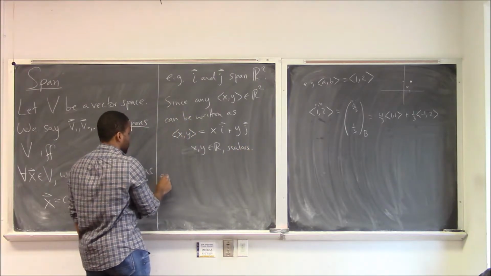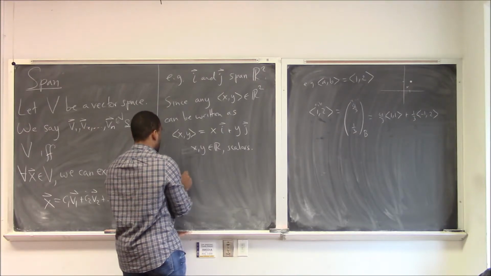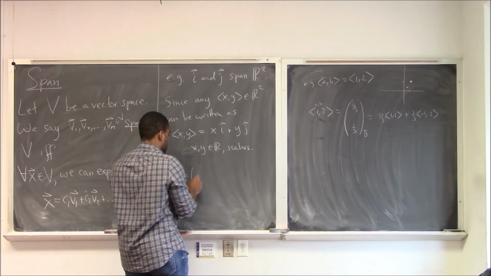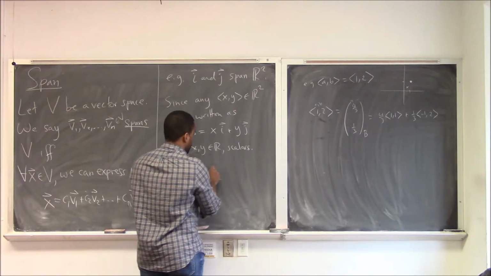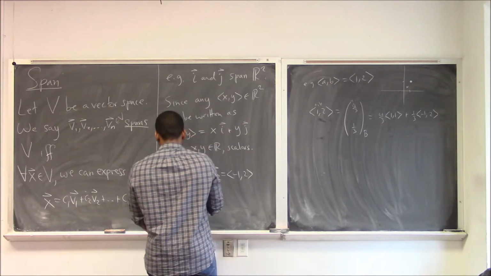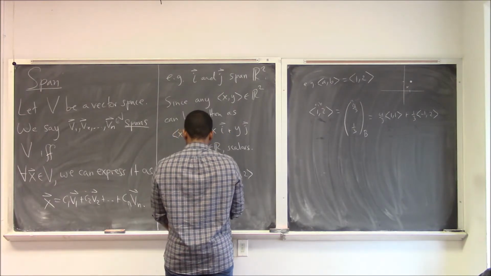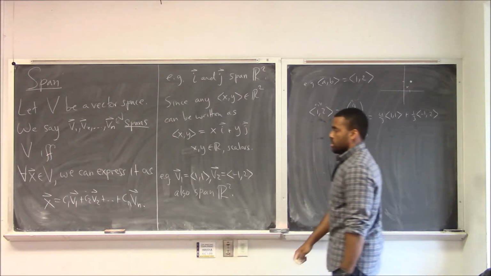It's also true that these two new vectors I told you, v1, which is (1, 1), and v2, which is (-1, 2), also span R2, right?